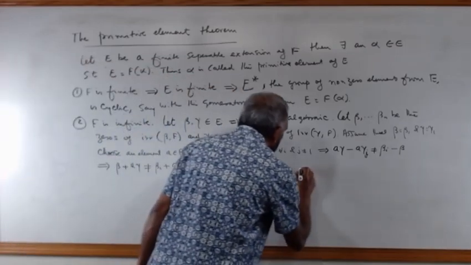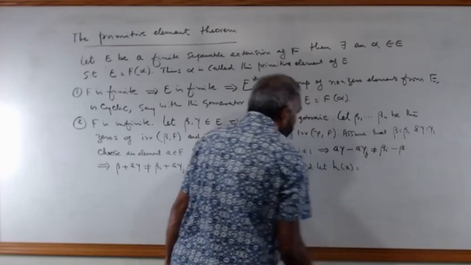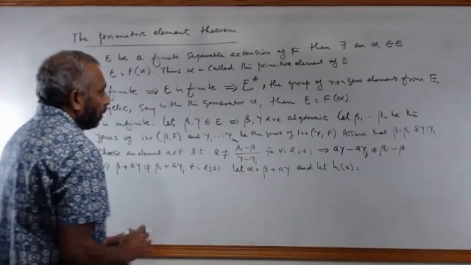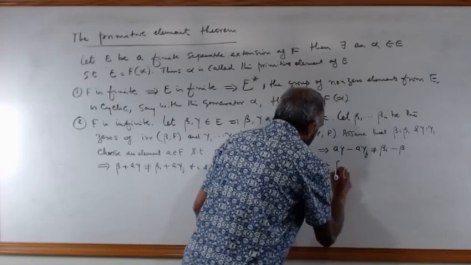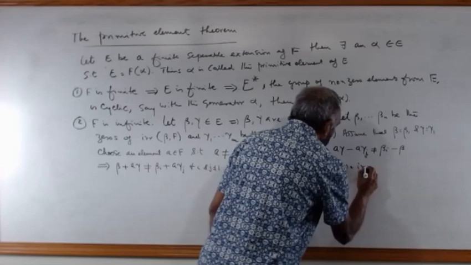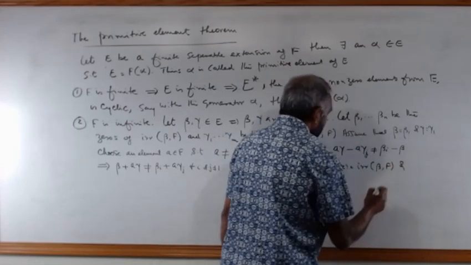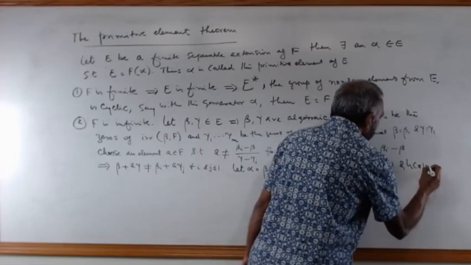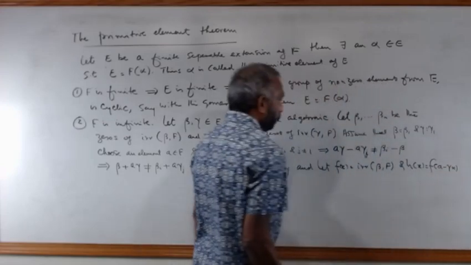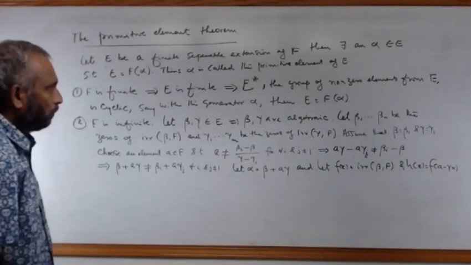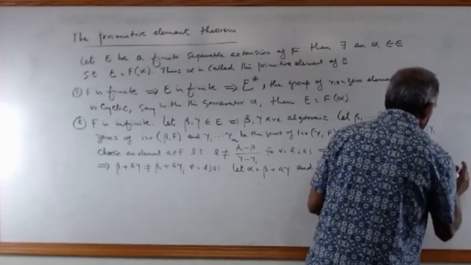And let, first we'll define, let f of x equal to the irreducible polynomial of beta over F, and h of x equal to f of alpha minus A x. Sorry, not gamma x. Yeah, alpha minus A x.